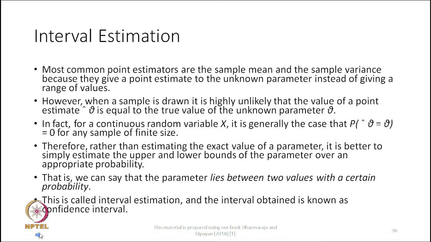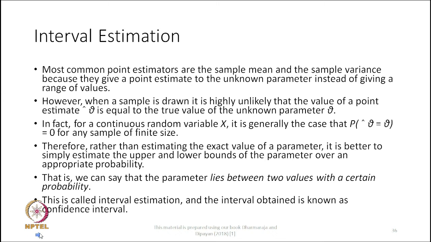Again we are using the same approach of using the random samples. You are identifying the estimator of the unknown parameter, but not one value; you are giving a range in which the value is going to lie.